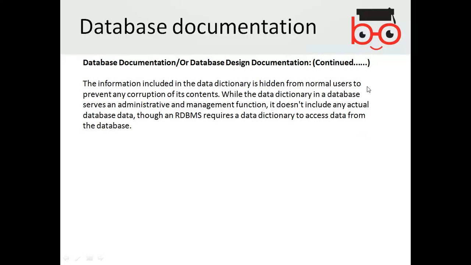For example, if you are selling a database and there is a data dictionary, it is not accessible by normal users, but the developers will have access to locate it, manage the functions, and manage the structure of the database.